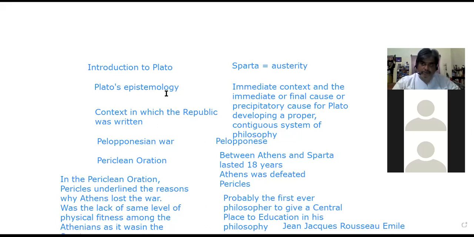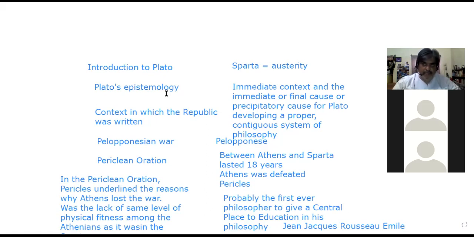And even Rousseau is a little different from Plato, because while Emile talked about education, the necessity, the inculcation of the right kind of values through the medium of education, you will see that his really political writing, which is the Social Contract, does not make a mention of education.